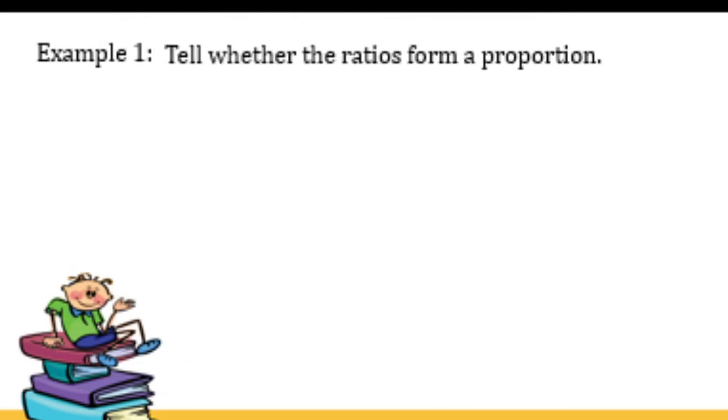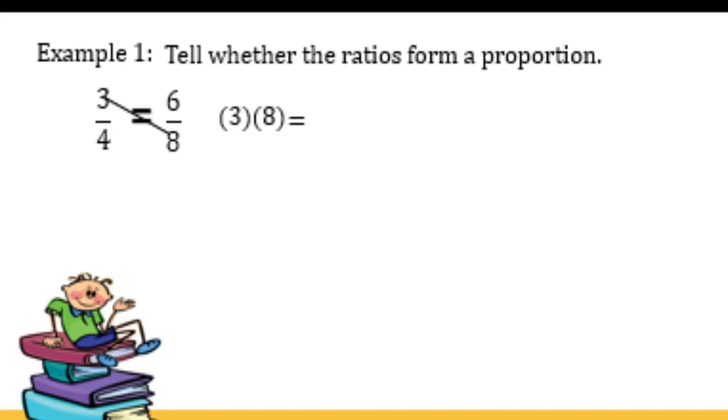Example, tell whether the ratios form a proportion. We have 3 over 4 is equal to 6 over 8. So let's cross multiply. So 3 times 8 is equal to the product of 4 and 6.